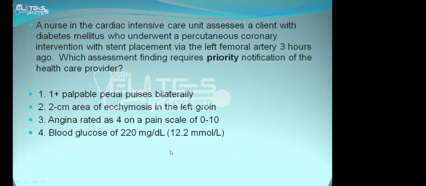And the option 2, 2 cm ecchymosis, left groin, that's also something to be expected, so I would also give that a slight deviation. But with options 3 and 4, I'm going for about a B to C level of deviation, where pain is expected, but maybe not 4. Well, I might be wrong.